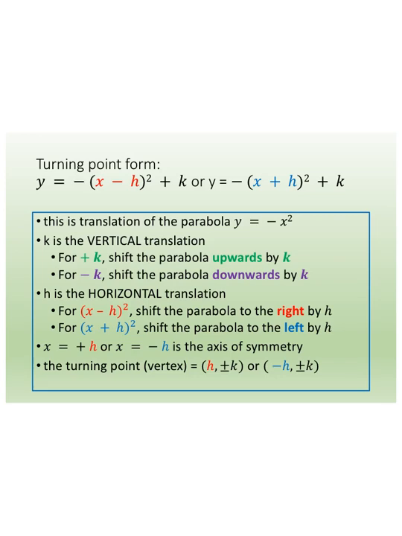So without further ado, I'm just going to introduce you straight to the turning point form. y equals minus (x minus h) all squared plus k, or y equals minus (x plus h) all squared plus k. This is the reflection of y equals (x minus h) squared plus k, and this is the reflection of (x plus h) all squared plus k.